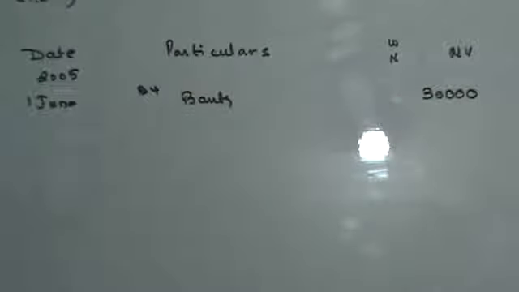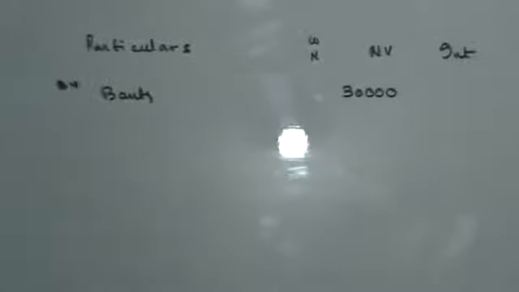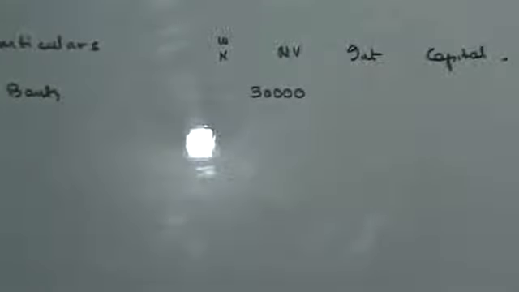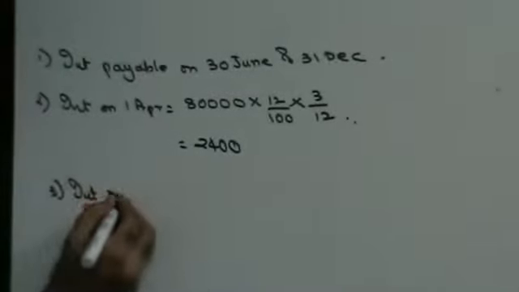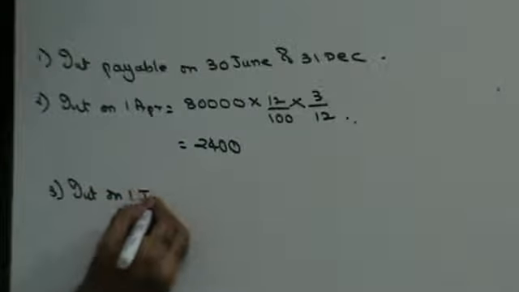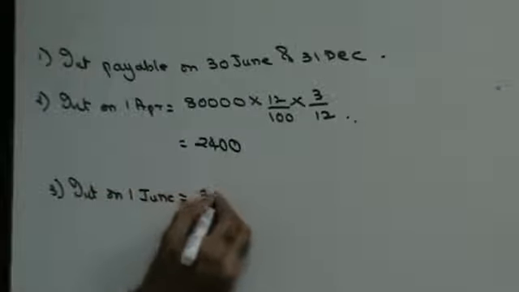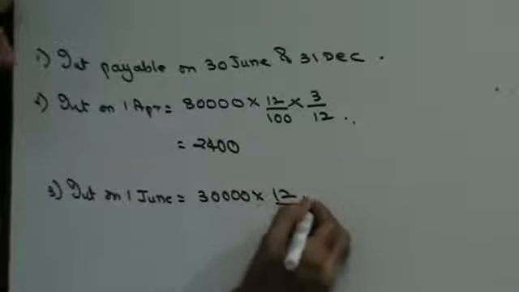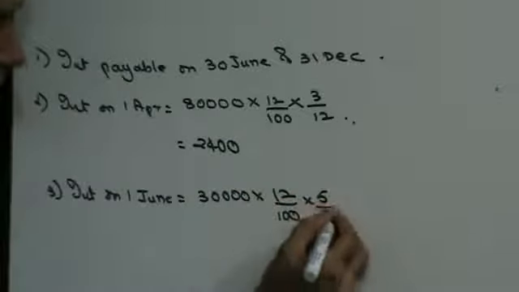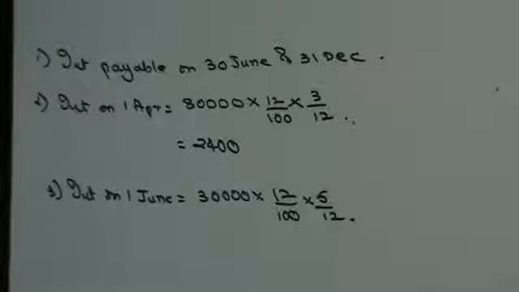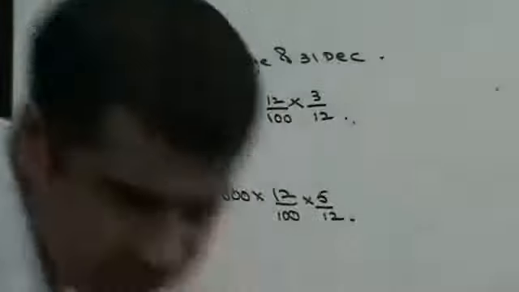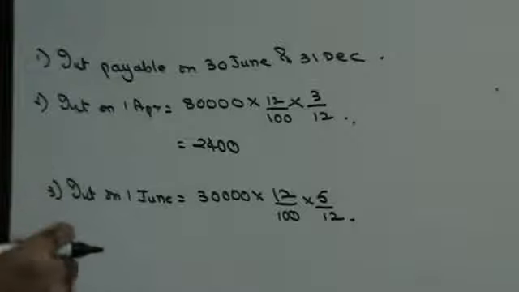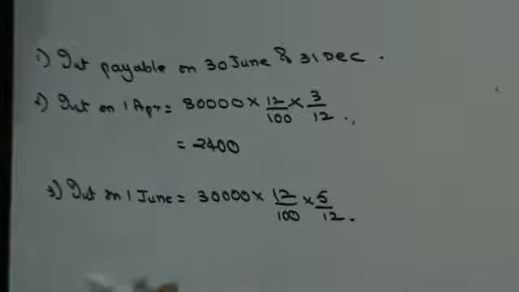First, let's calculate the interest on 1st June. Interest is 30,000 into 12% for 5 months, which is 1,500.